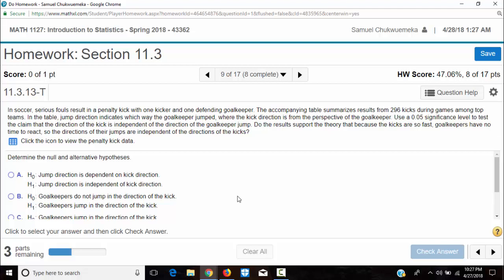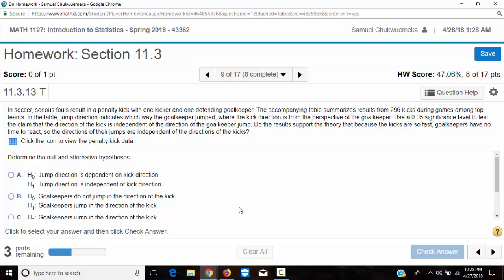Use a 5% significance level to test the claim that the direction of the kick is independent of the direction of the goalkeeper jump. Do the results support the theory that because the kicks are so fast, goalkeepers have no time to react, so the directions of their jumps are independent of the directions of the kicks?